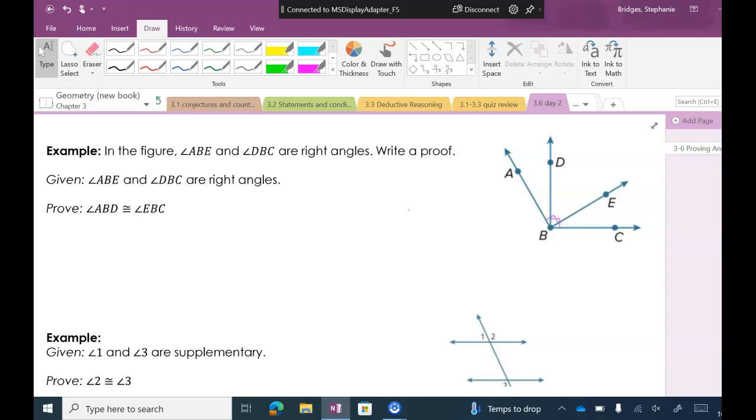ABD plus, how do I call this one? DBE. So what I can say then is that the measure of angle ABD plus the measure of angle DBE equals the measure of the big angle, which we called ABE.